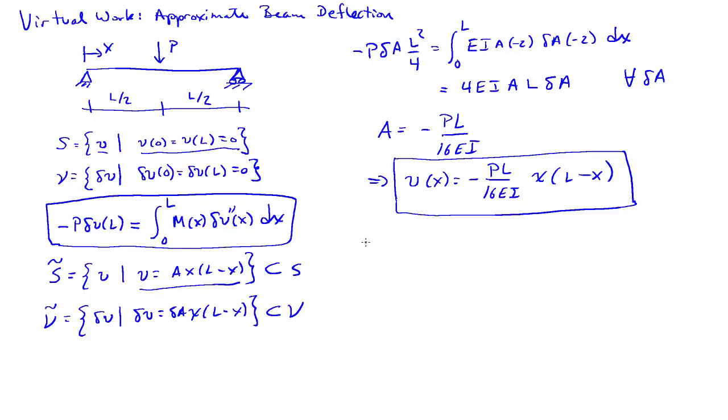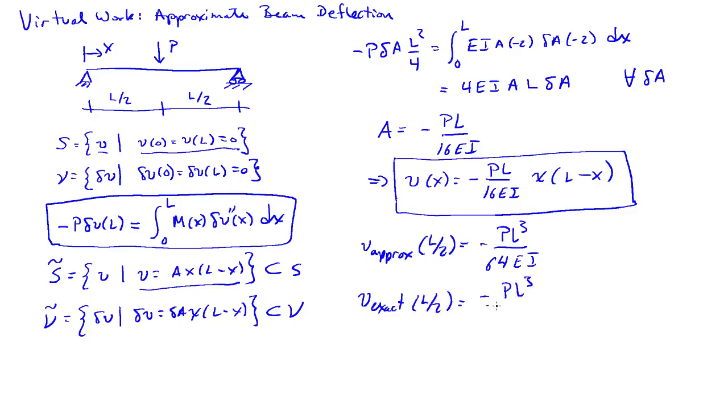So if we look at our approximate solution and evaluate it at L over 2, what we'll find is that we get minus PL cubed over 64 EI. The exact solution in this particular case happens to be minus PL cubed over 48 EI.